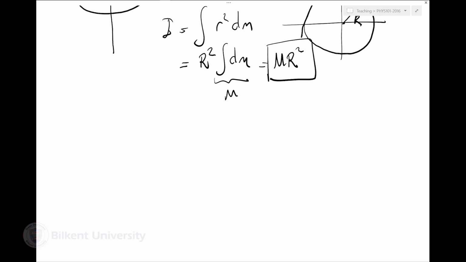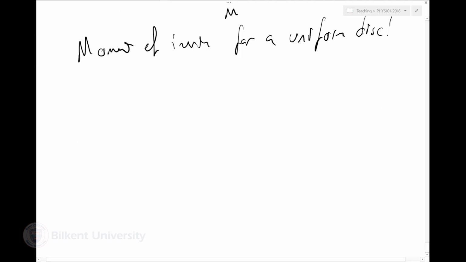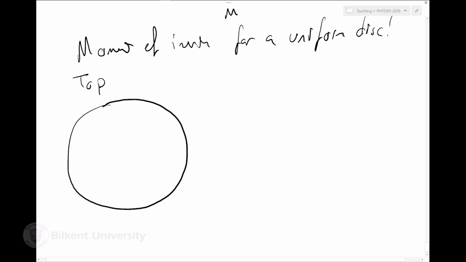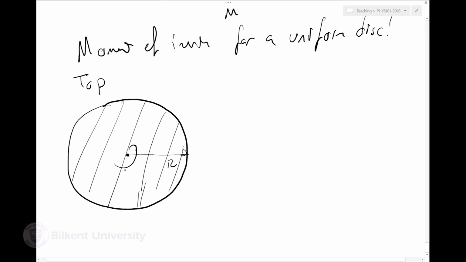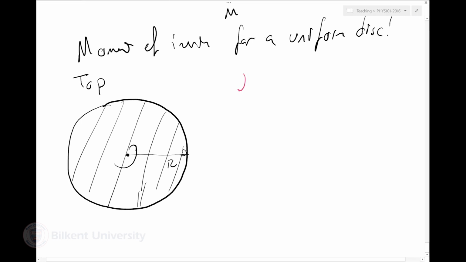Let me calculate the moment of inertia for a uniform disk. Again, if I look at the system from the top, I have a disk of radius r, which is uniformly filled, and it's rotating around its center. How do I do this? Again, moment of inertia is going to be r squared dm.